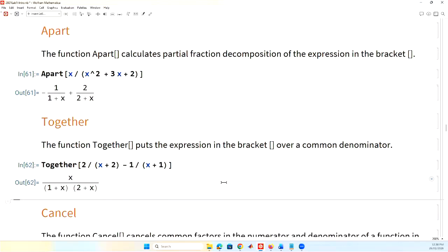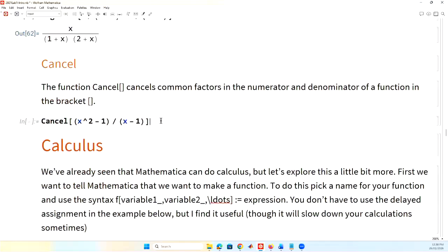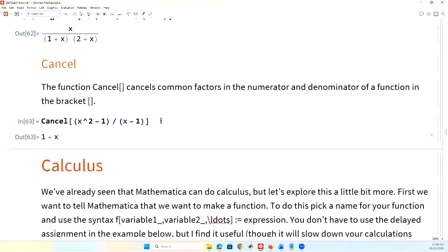You can use so many different commands to achieve this, including Simplify. There is no good reason. I'm sure there's like one use case where this was exactly the right thing to do, so please don't come and yell at me when you run into that use case. Cancel. Cancel just says cancel any common factors. Again, just Simplify. Cancel works too.